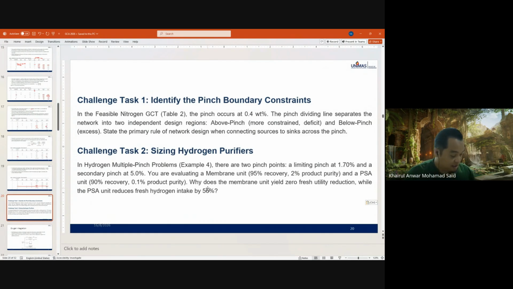So the question is, why does the membrane unit yield zero pressure reduction? Why does the PSA unit reduce pressure energy by 6%?